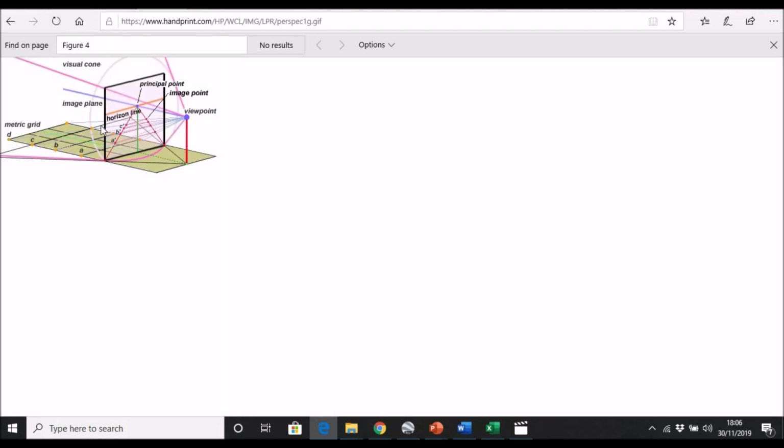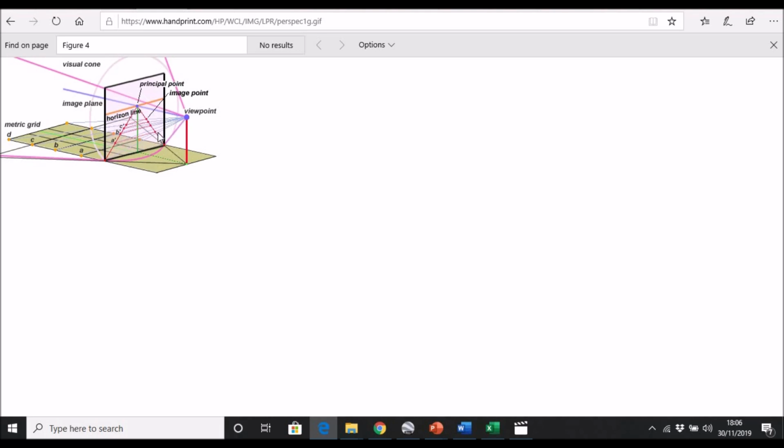Here is the picture that he refers to. And it does seem to show here a square view within some sort of circle. It refers to the visual cone. No circle of view mentioned. And it shows how the lines A, B, C, and D here would appear to an observer looking at them.